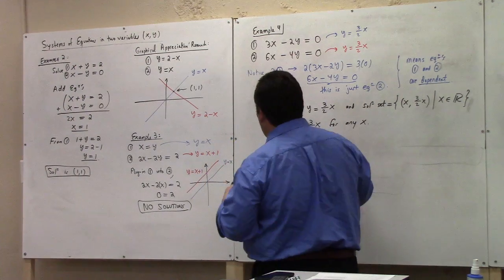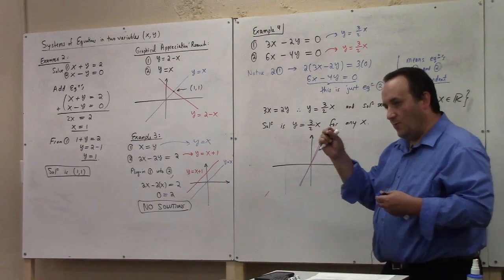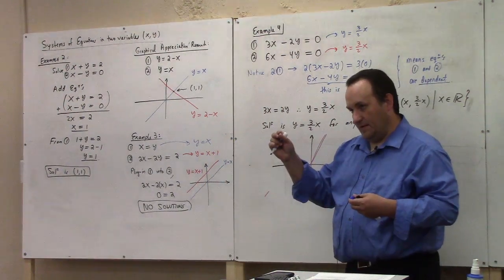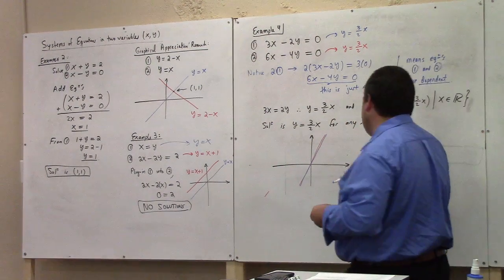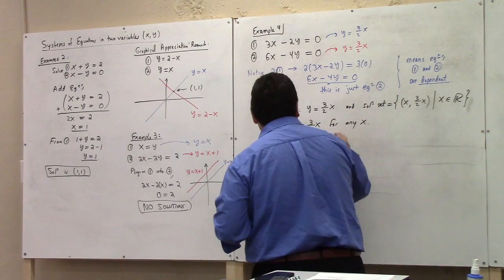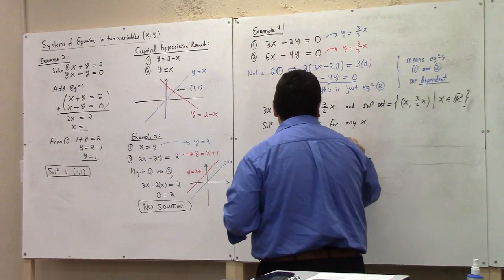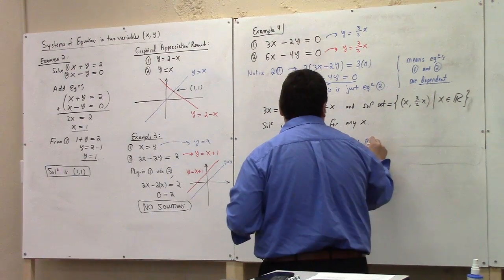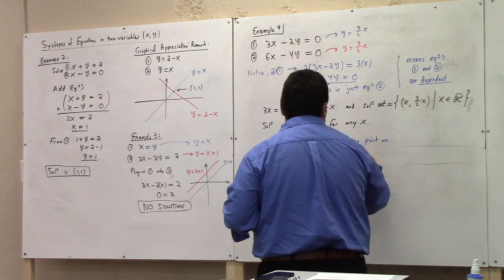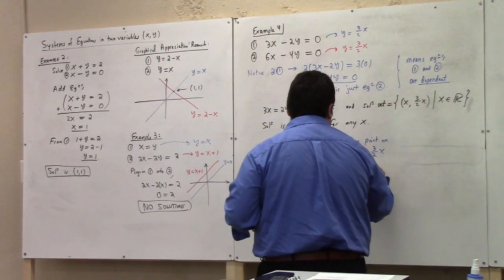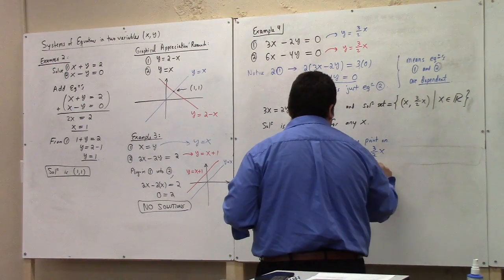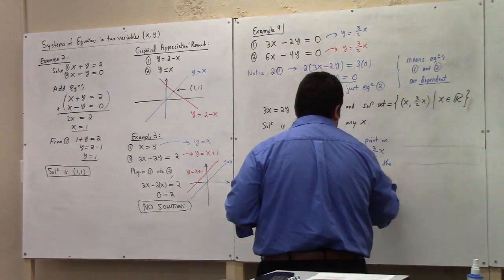So if we have parallel lines which have the same y-intercept, the solution set is infinite. So basically, any point on y equals 3/2 x solves the given system.